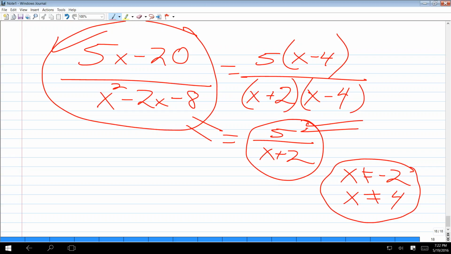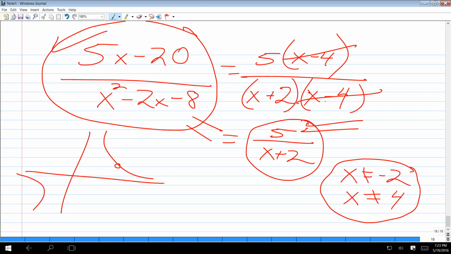And if you graph it, it actually produces a hole at 4. In other words, you end up with a graph that looks something like this, with a hole on it like that. I don't know if you've ever seen a graph like that. But that's what you get when you have a linear factor that got canceled. You can cancel those two linear factors, but it doesn't take away from the fact that x can still not ever be 4.